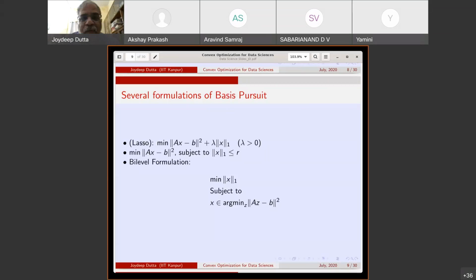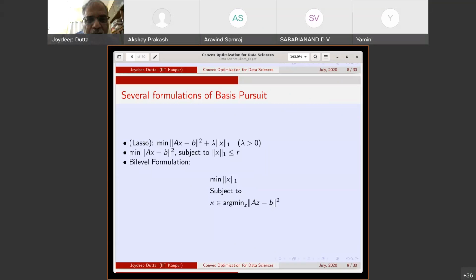Then I minimize norm Ax minus B whole square, because least squares is another way of solving Ax equal to B, subject to the L1 norm being less than or equal to some value R. So there has to be sparsity. Sparse means most of the components become 0. If you keep R small, there have to be several components which are 0.